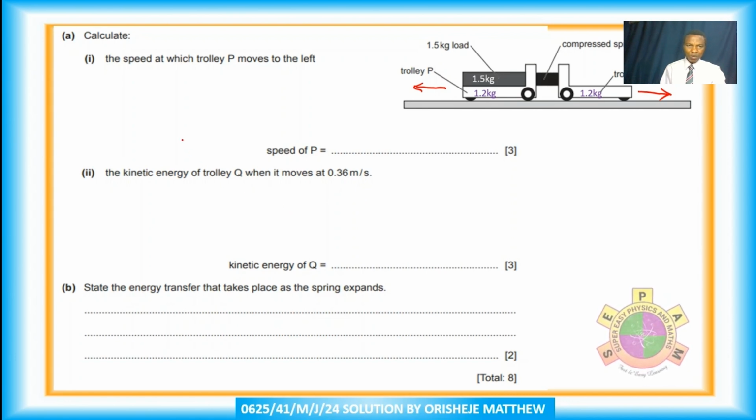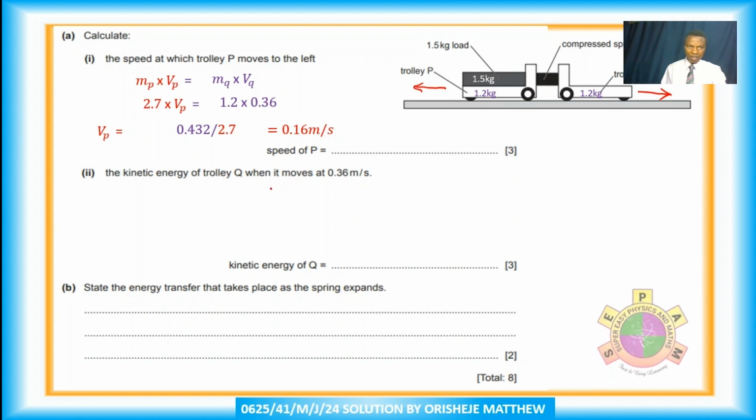The momentum of P, which is the total mass, the load placed on it plus the original mass, that is 2.7, is equal to the momentum of Q. Substituting the values, we are looking for the velocity of P to the left. So you make Vp the subject of the formula, and that gives a velocity of 0.16 meter per second.